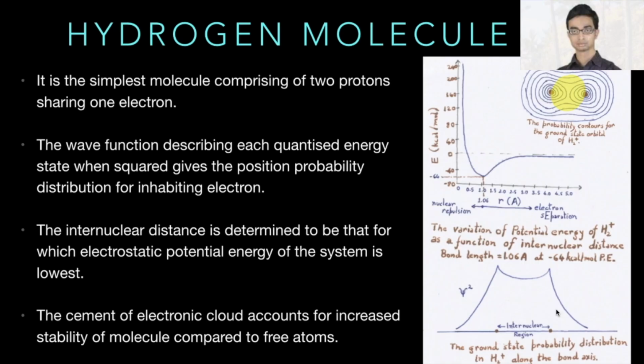This cement of electronic cloud accounts for the increased stability of the molecule compared to free atoms. Hence, we conclude that the energy of electrons is quantized in molecular orbitals, and molecules form because electrons are able to experience attractive electrostatic force simultaneously from both nuclei.